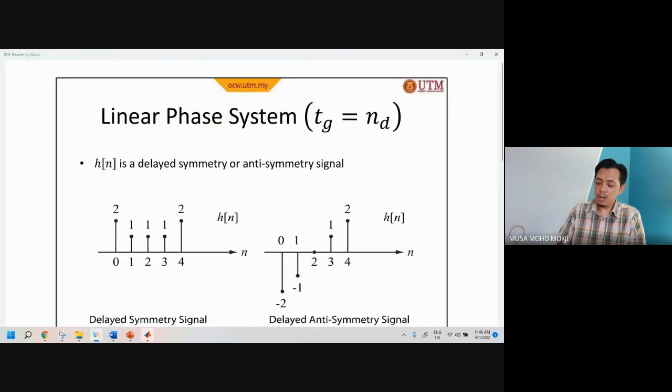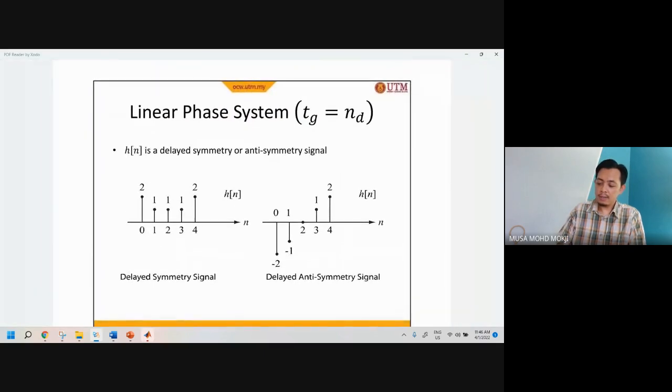So let's look at the second system, which is what we call a linear phase system. What is a linear phase system? h[n] is a delayed symmetric or anti-symmetric signal. We are still looking at those four special types of FIR: type 1, type 2, type 3, type 4 symmetry.